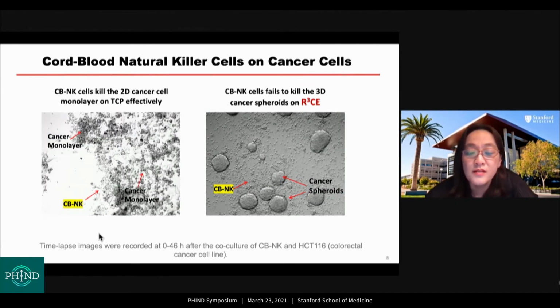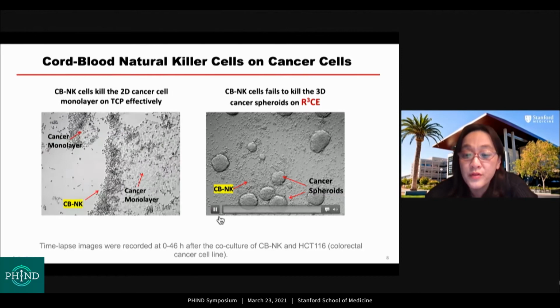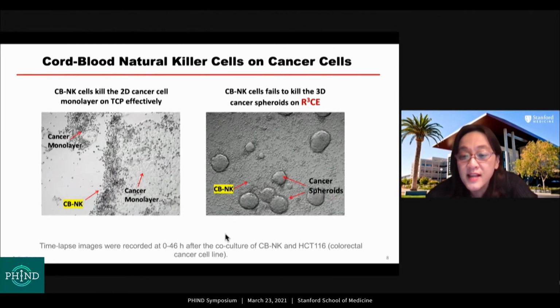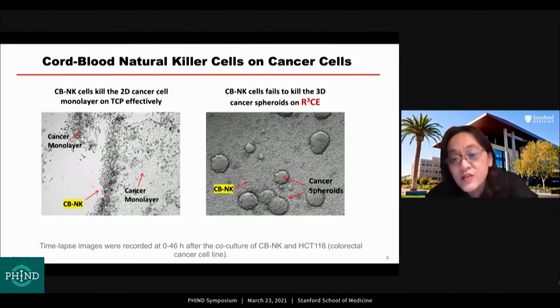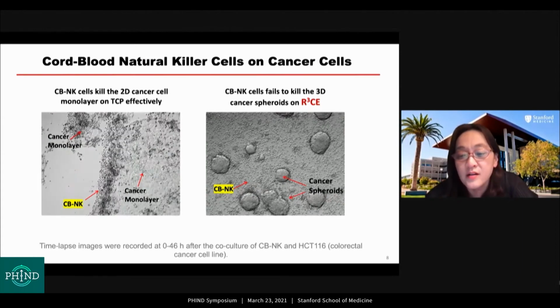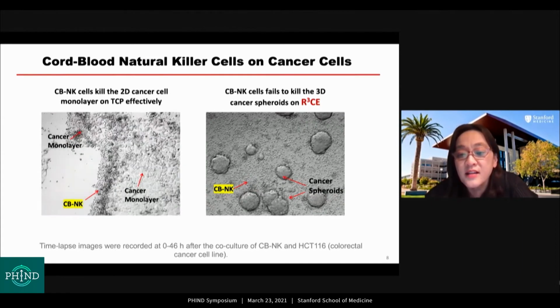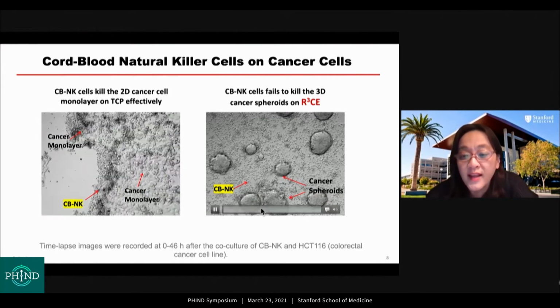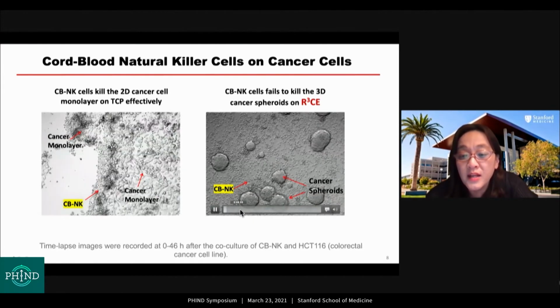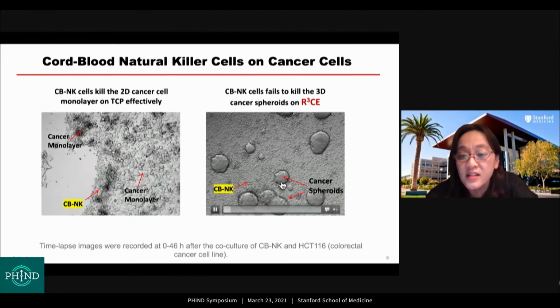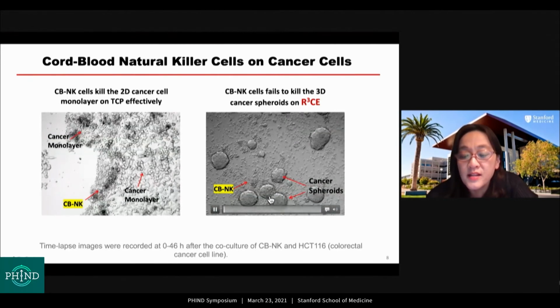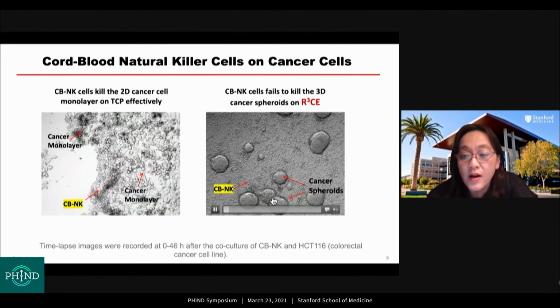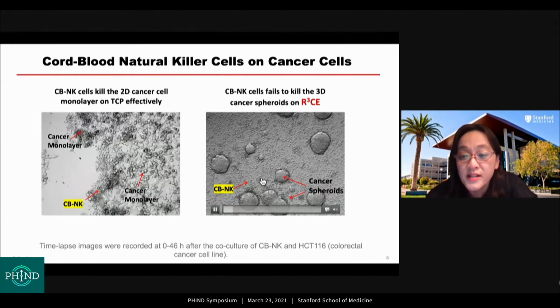But the story could be quite the reverse. Now if the cancer cells band together as 3D structures, the natural killer cells almost cannot find room to attack them. In the beginning there are intact spheroids. Please pay attention to these large spheroids and the 2 spheroids here.